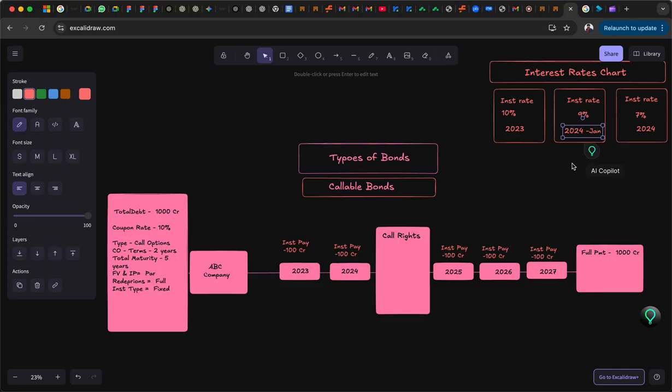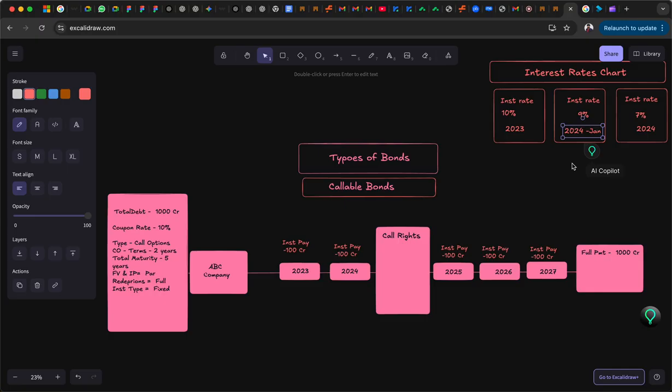Now in this case, if you look at the change, in 2023 the interest rate was 10%, and in the month of December 2024, the interest rate is at 7%. And maybe as an entrepreneur, let's say you have done some research and you got to know interest may fall in future also.